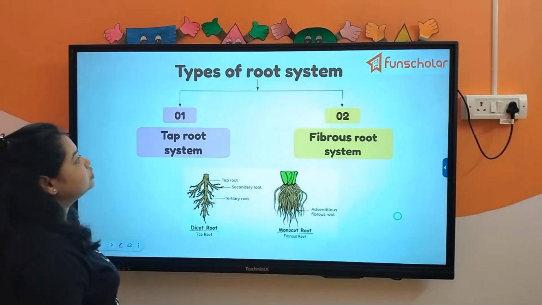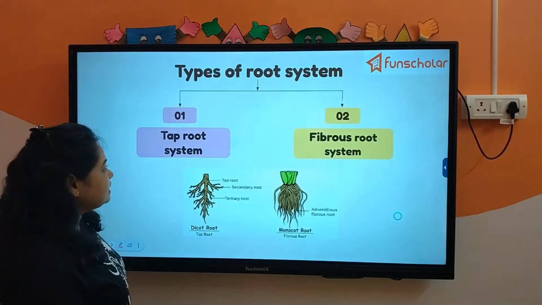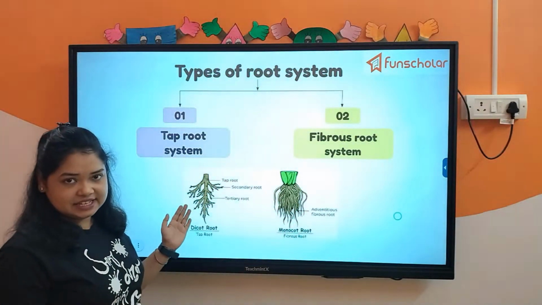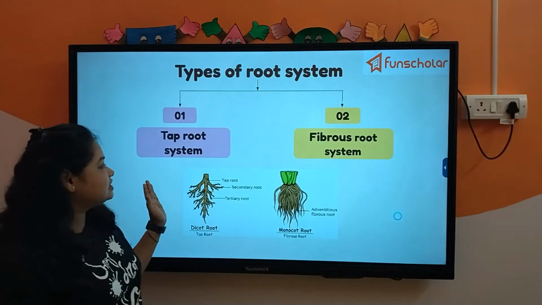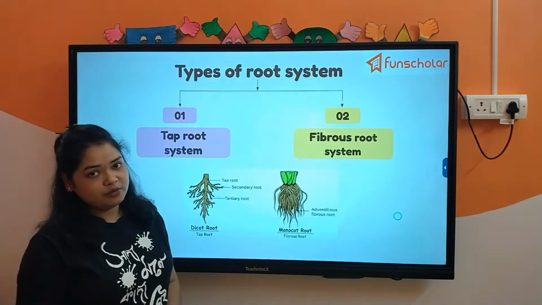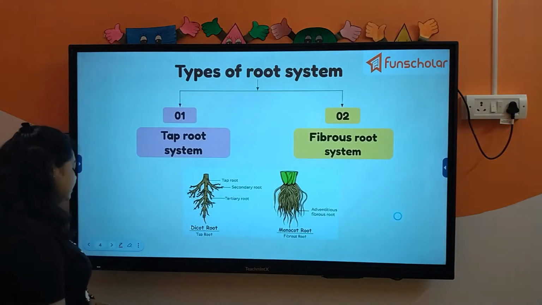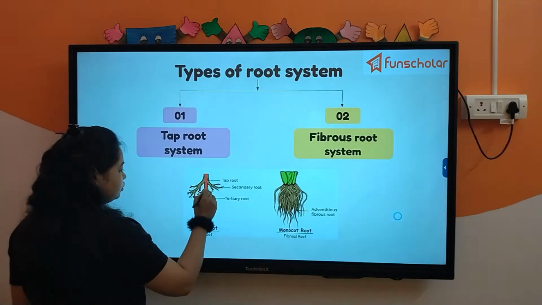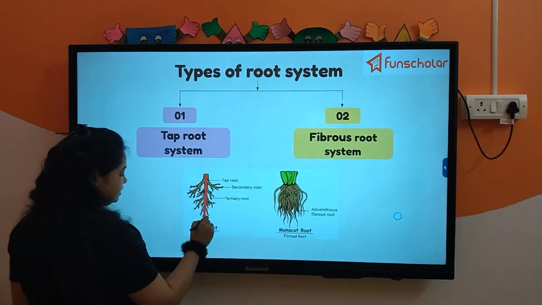Now, coming to the root system. Basically, roots are of two types. As you can see, one is the taproot system, another is the fibrous root system. Let's talk about them one by one. Now, in the taproot system, we can see a main primary root, right?